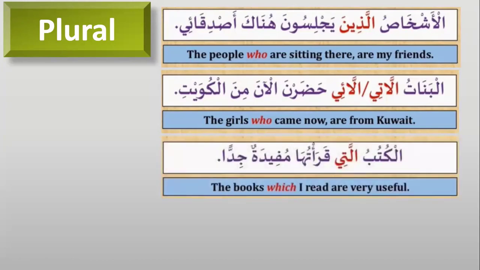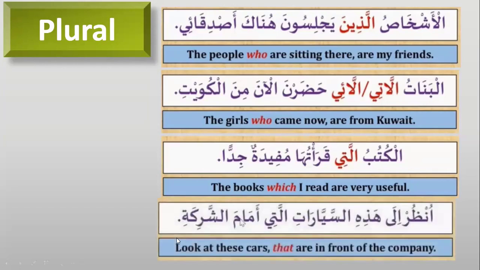Now here we are talking about the plural, but these are non-human plurals. Am I right? Al-kutub. So you cannot use allazina. We need to use here allati. Al-kutubul lati. Yes, ma'am. Now here also the same.